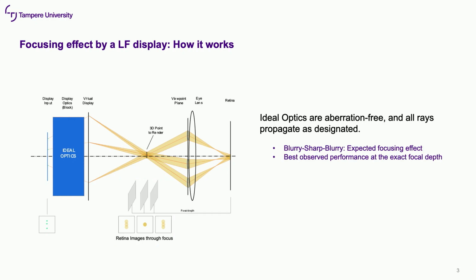From the observer's perspective, this translates to the image quality shifting from blurry to sharp, then blurry again, with the sharpest focus achieved at the exact depth of the rendered point. This is the focusing effect we expect. In the ideal scenario, the optics are free of aberration and always propagate as intended. But what happens in practical displays where aberrations are present?